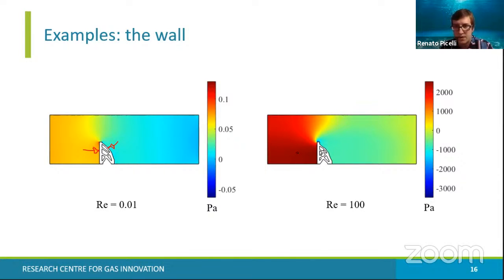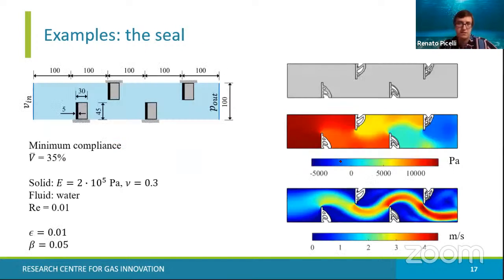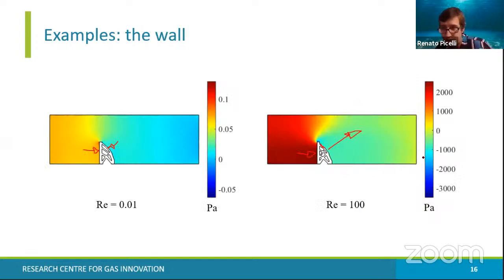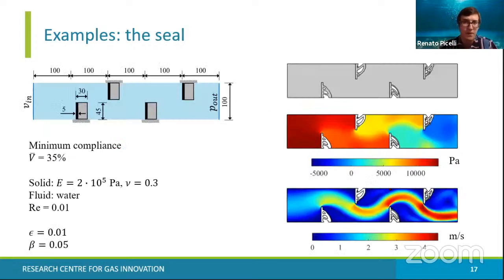For higher Reynolds number, so higher velocities, we have here light blue, so it's negative pressure. We have pulling loads here. So it forms these inverted arch or concave shapes here. That actually depends on your reference pressure, of course. The paper discusses that in detail.